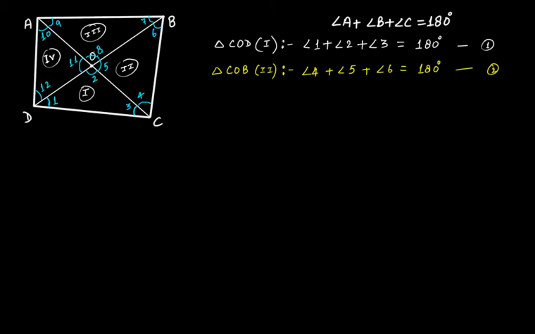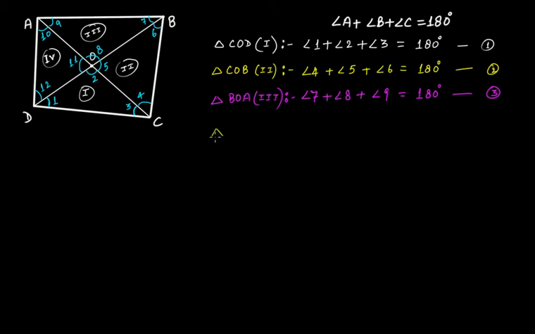Then in triangle 3, that is triangle BOA, angle 7 plus angle 8 plus angle 9 is equal to 180 degrees. Let's name it equation 3.